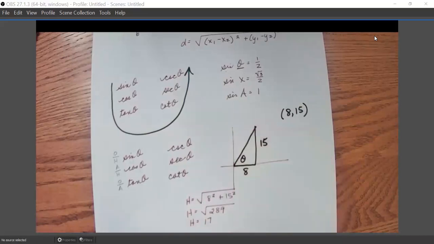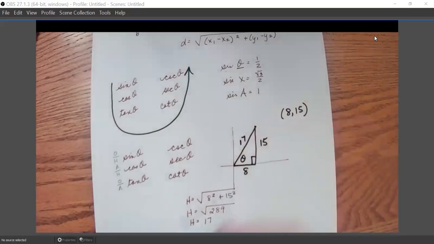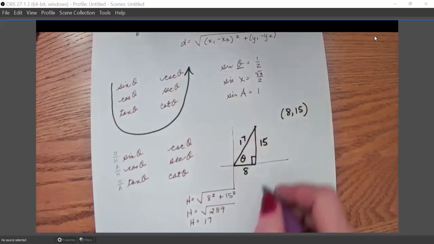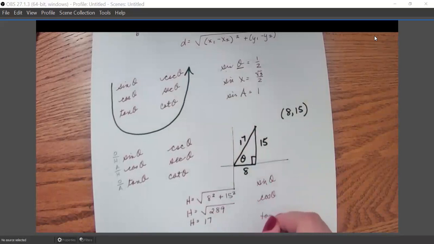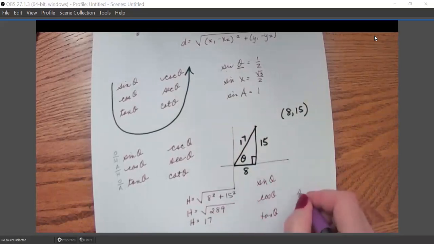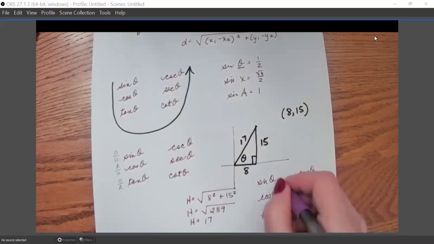So the length of the hypotenuse for this triangle is 17. So I want the sine of theta, cosine of theta, tan of theta, cotan of theta, secant of theta, and the cosecant of theta.